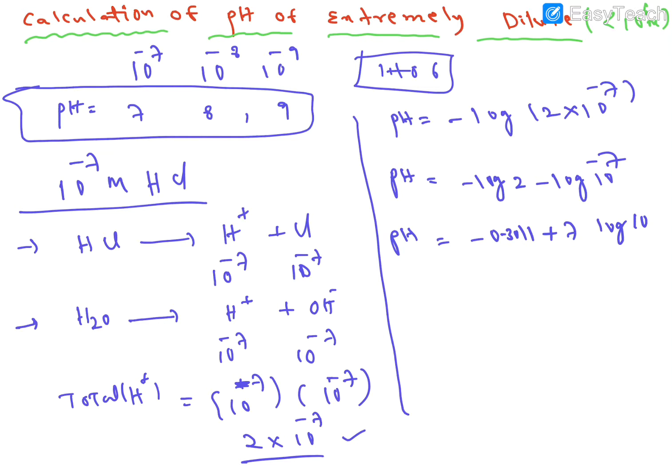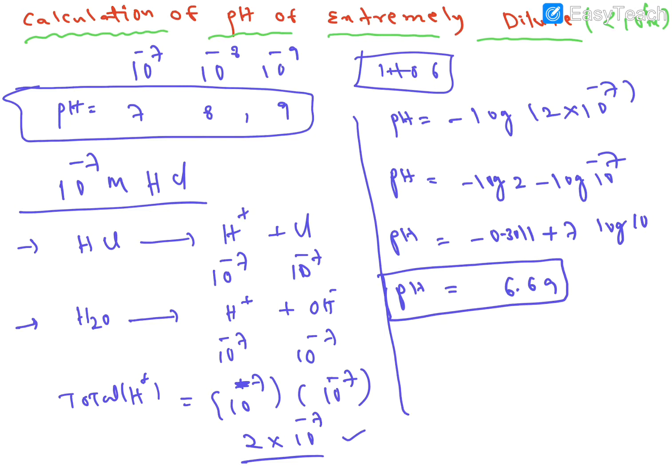So we can calculate the pH, which is equal to 6.69, very nearly. So this is the pH of an extremely dilute solution.